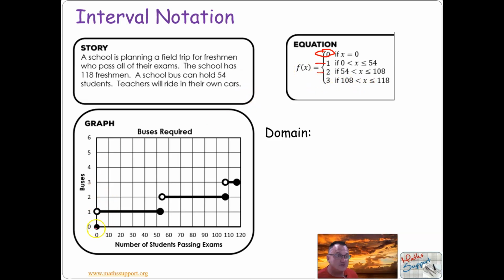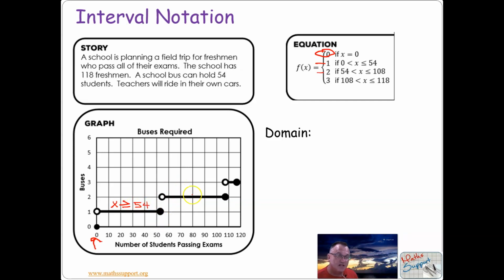So if you look at your domain here, okay, when I've got x is 0, and then this is going to be all the numbers that are greater than 0 up to and including 54.